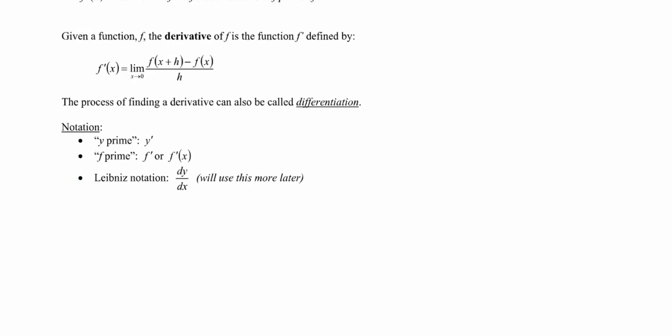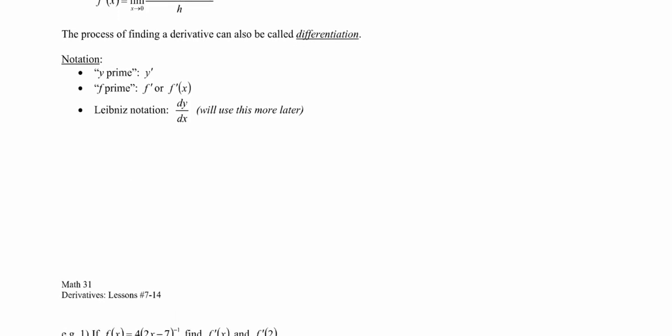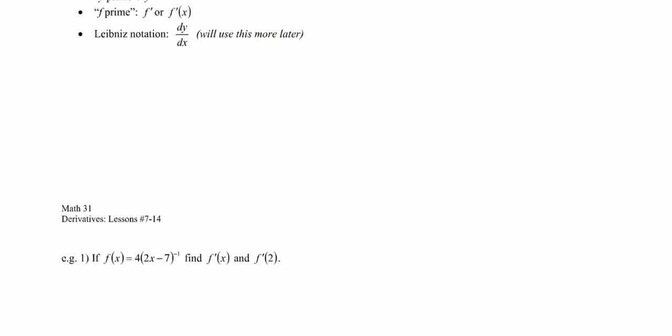Okay, but for now, I'll get more into this as I use it. I'll explain what this is showing. But the way you'd say this, it would be the derivative of y with respect to x. And the d's, you can almost think of those like change in y over change in x. It's kind of the same idea. Quite often d's are meant to show change in. Not really, this really means the derivative, right? It's explicit, but you can kind of think of it in that way. Okay.